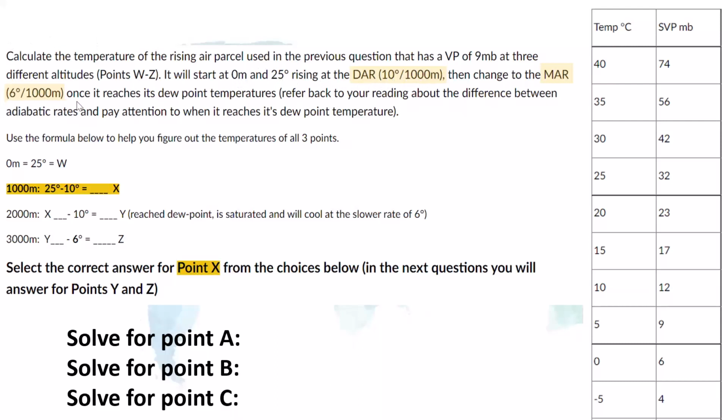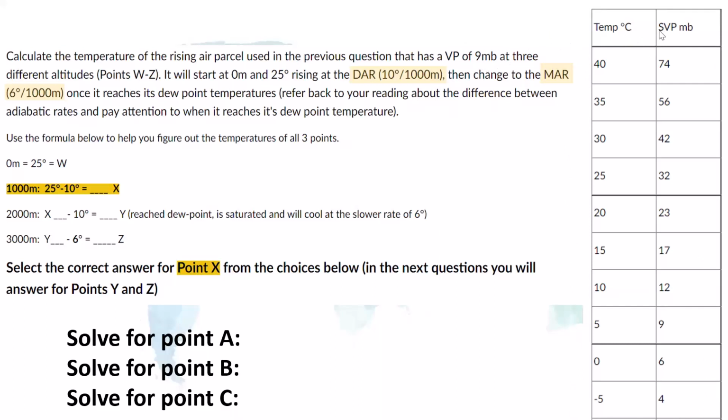So we now also have to pay attention to what is the saturated vapor pressure of our air parcel at 9 millibar vapor pressure. And that is where we're going to be able to jump back to this graph, which we used in the previous lab. So we need to figure out what air temperature our parcel has at 9 millibars.